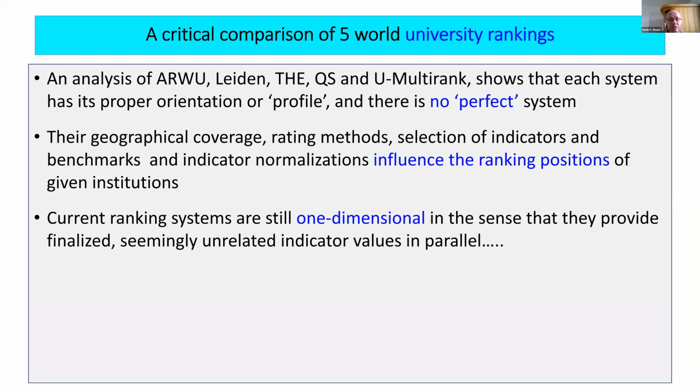I don't want to give the details now. I also believe that these ranking systems are still one-dimensional in the sense that they show seemingly unrelated indicator values in parallel. So they do not show the relationship between a set of indicators. While they could in principle, they don't do that.